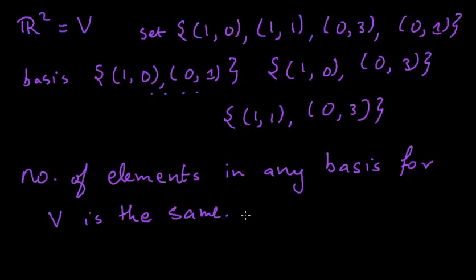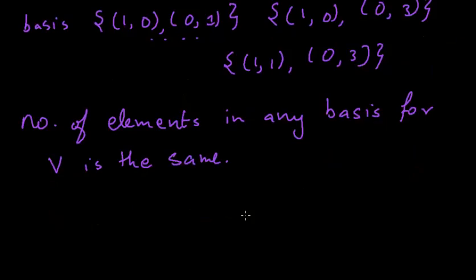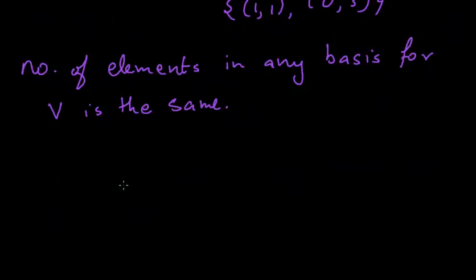So now if we know that the number of elements inside the basis is the same for all bases of a vector space, we can define the dimension of a vector space.